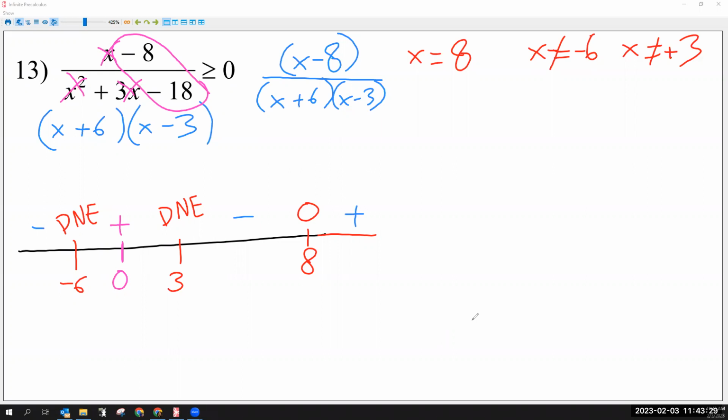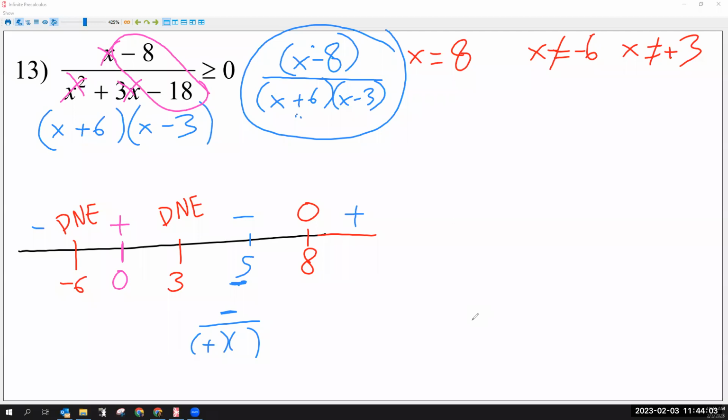Now to check, give me another value that's not on the same interval as the -6 and 3. +5. That would be right here. To plug in other values, it's easiest to use this, because remember, all we're thinking about is positive or negative. If I plug 5 into this one right here, would it give me a negative or a positive number? A negative. If I plug +5 into this one, what would I get? I'd get a positive.